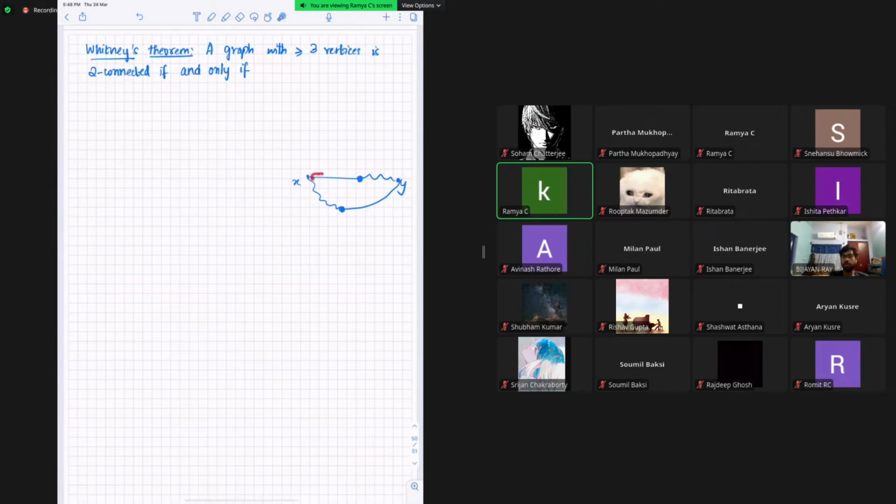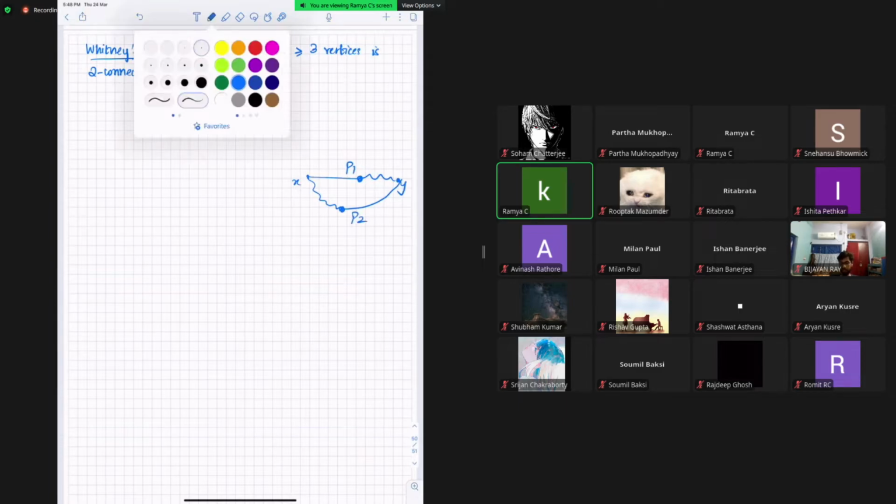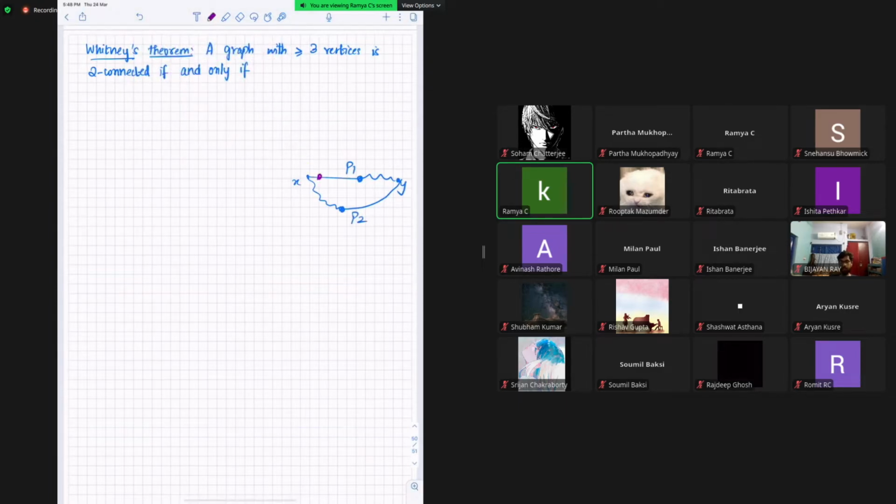Let's say there are two paths, P1 and P2. There may be many paths from x to y. I'm just saying there are two paths between x and y in the graph, and there are many vertices on this path. If I remove any vertex in the path P1, will x and y be disconnected? That is the question.